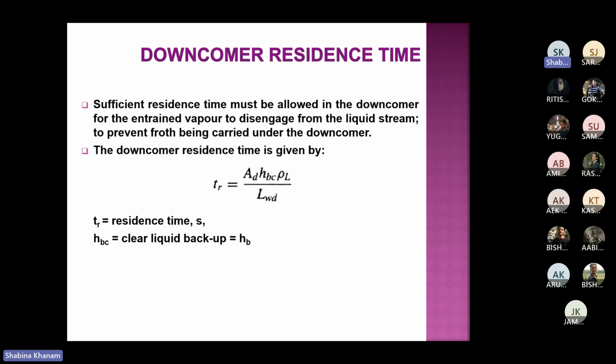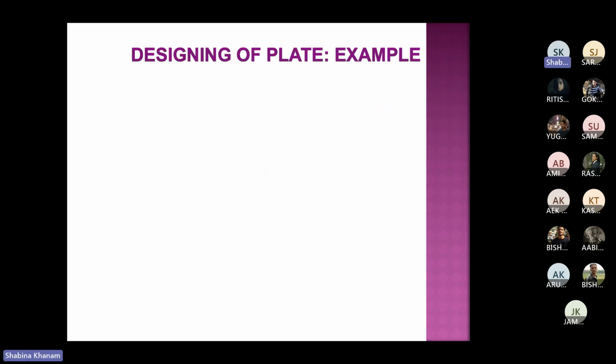In this way you can find this residence time TR, and TR should be more than 3 seconds. If it is not, you need to change the column diameter, you need to change the downcomer area. And again, if you are changing this, you need to repeat the column diameter calculation. So the condition is TR should be more than 3 seconds.